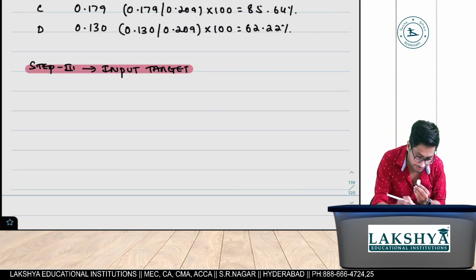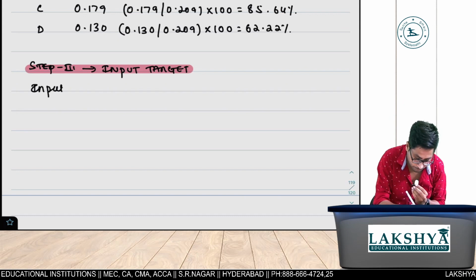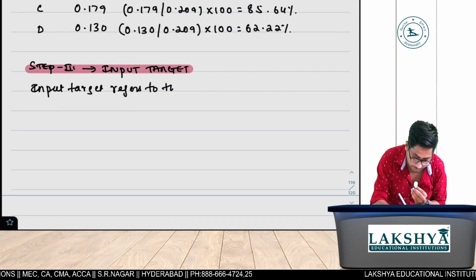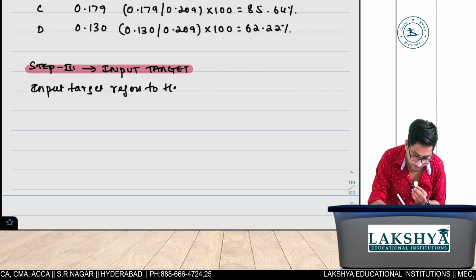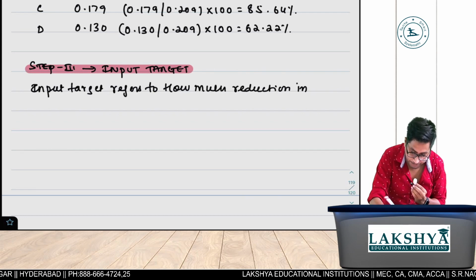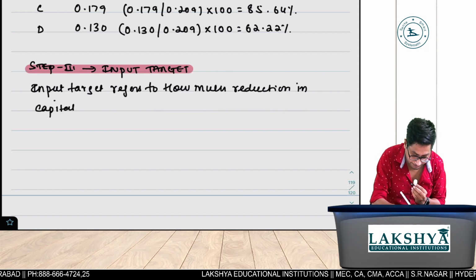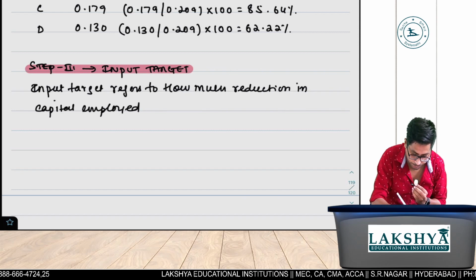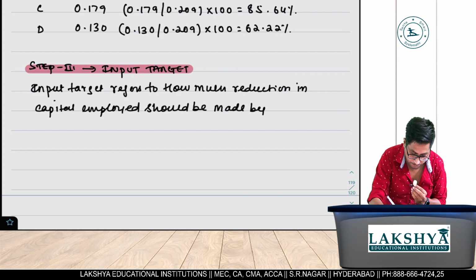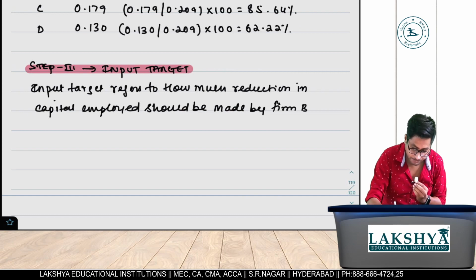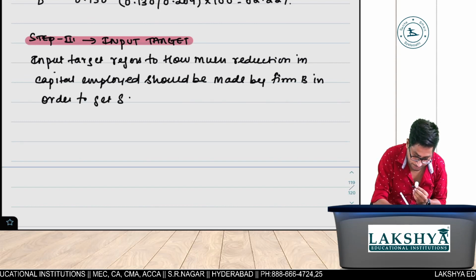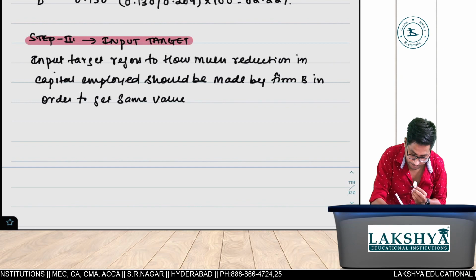Value added. So here input target means: how much reduction in capital employed should be made by firm B in order to get the same value added.